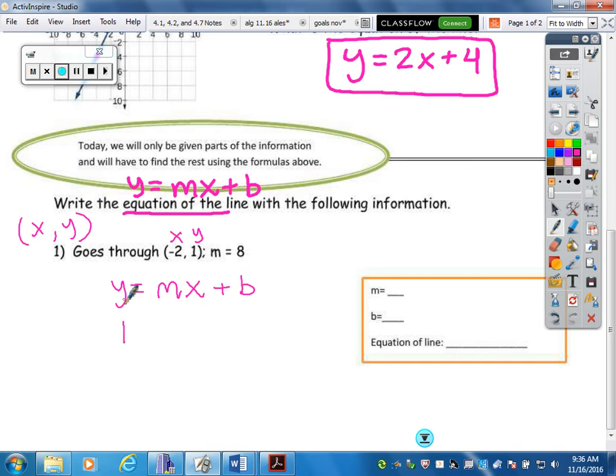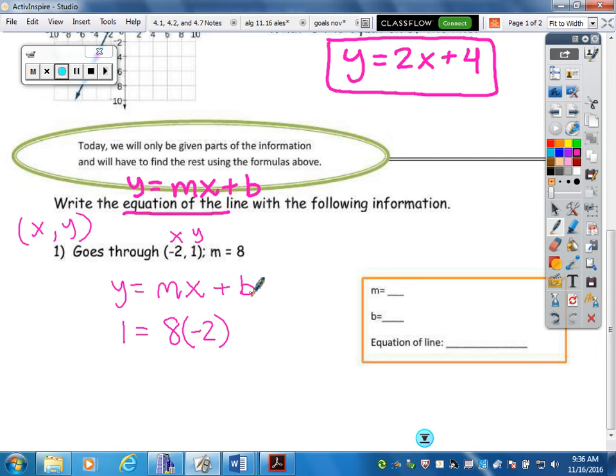So instead of y, I'm going to substitute 1 equals m. I've been told that m equals 8. Then m times x, so I'm going to say 8 times whatever x is. And they tell us what x is because the point is -2, 1. So x is -2. Notice when I substituted that, I put it in parentheses.